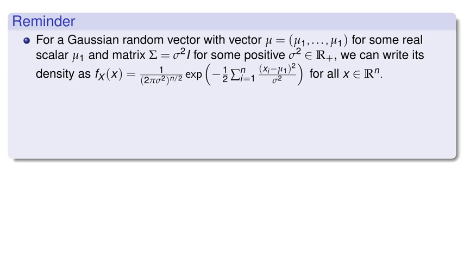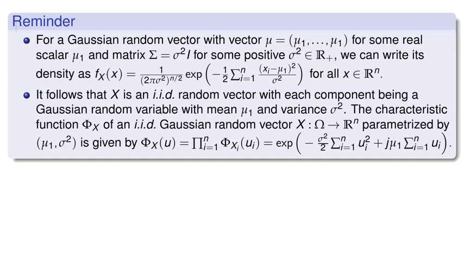In this case, the density simplifies to f sub X of x equals 1 over (2 pi sigma squared) to the power n over 2 times the exponential of minus 1/2 times the sum from i equals 1 to n of (x_i minus mu1) squared over sigma squared. It follows directly from this form of the density that X is an IID, independent and identically distributed, random vector. Each component X_i is itself a Gaussian random variable with mean mu1 and variance sigma squared.